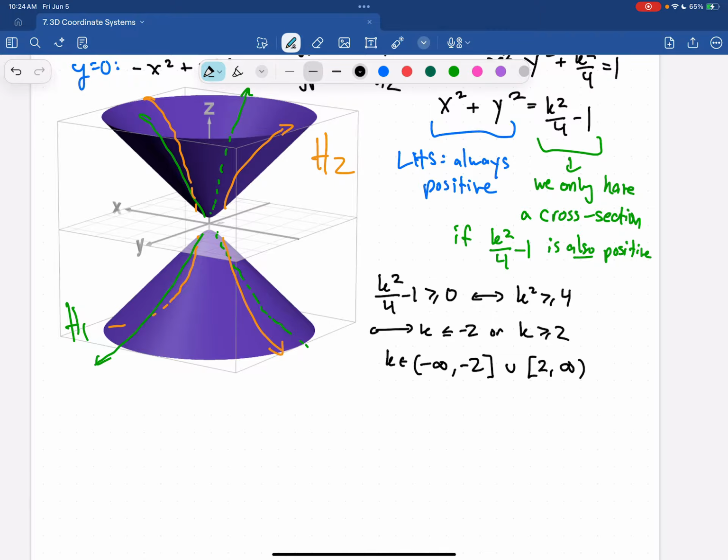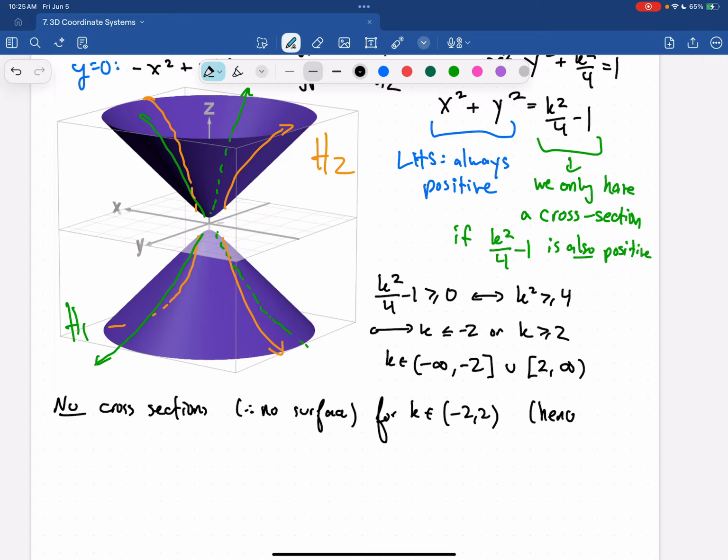And that means between those two values, -2 and 2, we have no cross sections, and so no surface at all. For k between -2 and 2, that's how we get that gap.